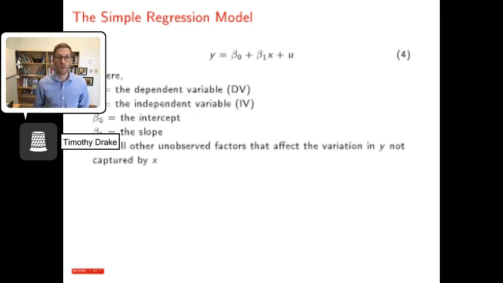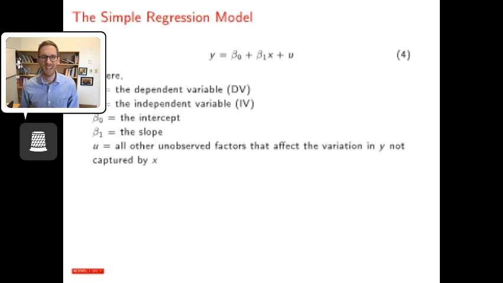Okay, so here is the simple regression model. So y, which is the dependent variable, is defined by an intercept. It's defined by the x variable, the independent variable x, and the slope of the line, which we define by beta 1, and all the other unobserved factors that affect the variation of y not captured by x.